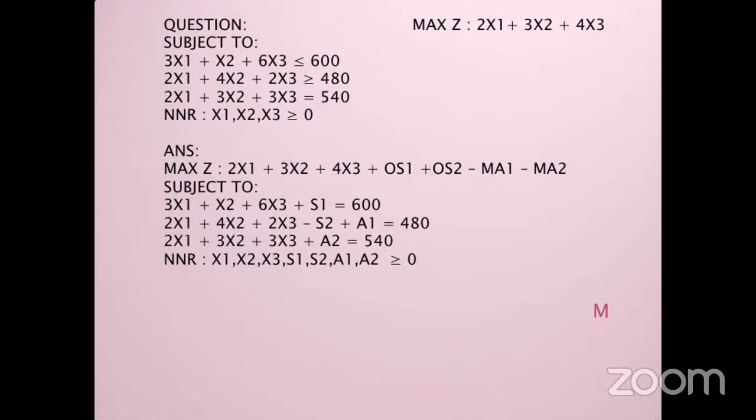There are three variables here. Subject to the conditions: 3x1 plus x2 plus 6x3 less than or equal to 600, another one greater than or equal to 480, another one equal to 540, and x1, x2, x3 are non-negativity constraints, greater than or equal to 0. This is the question we need to convert into the simplex format.